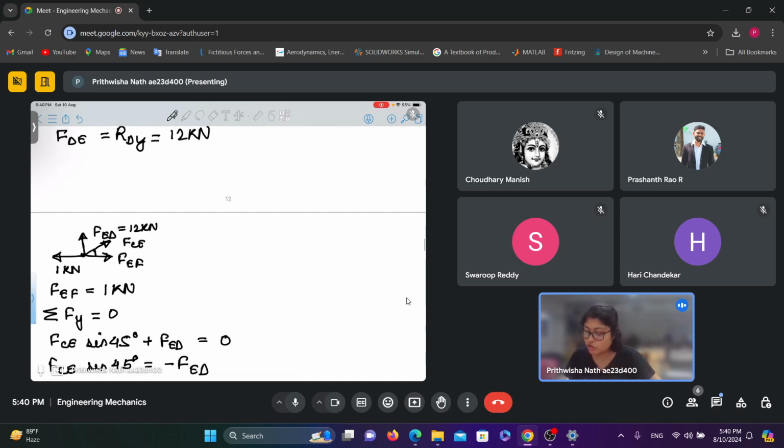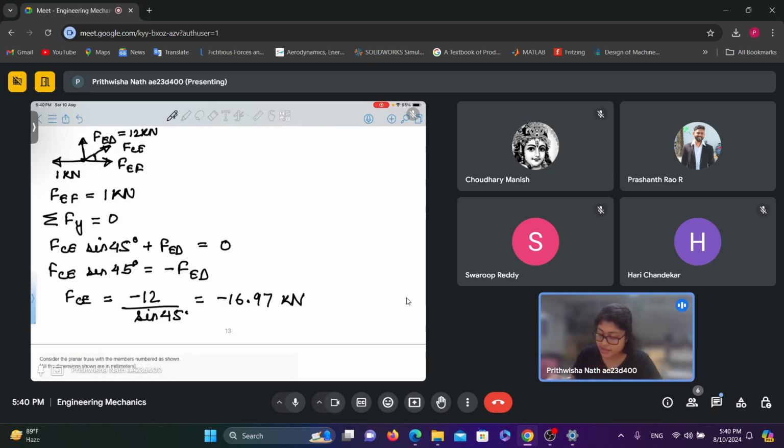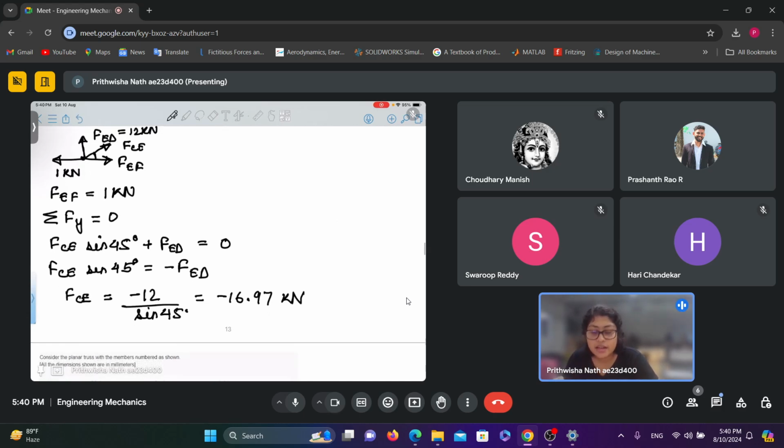So initially I have assumed that it is under tension, but I can see that there is a minus sign. So what I can say from this is that the member CE is under compression, right?